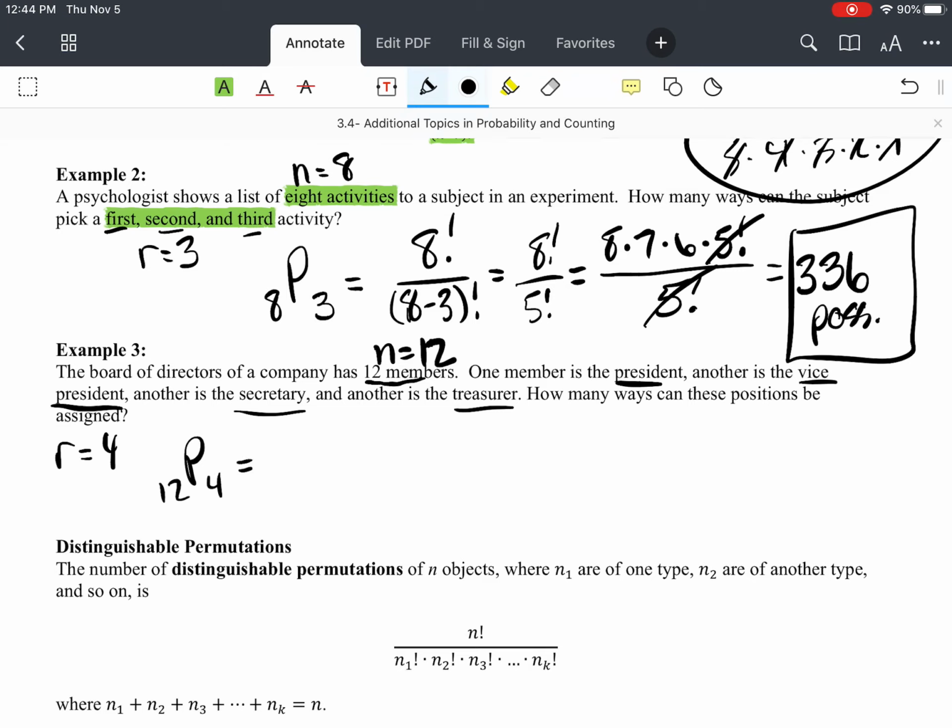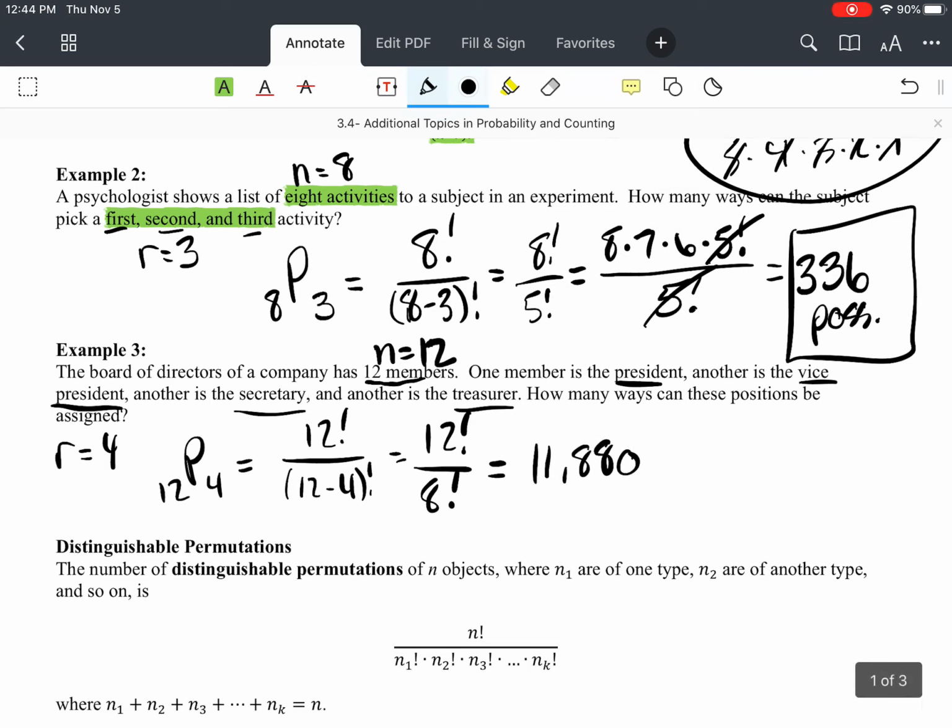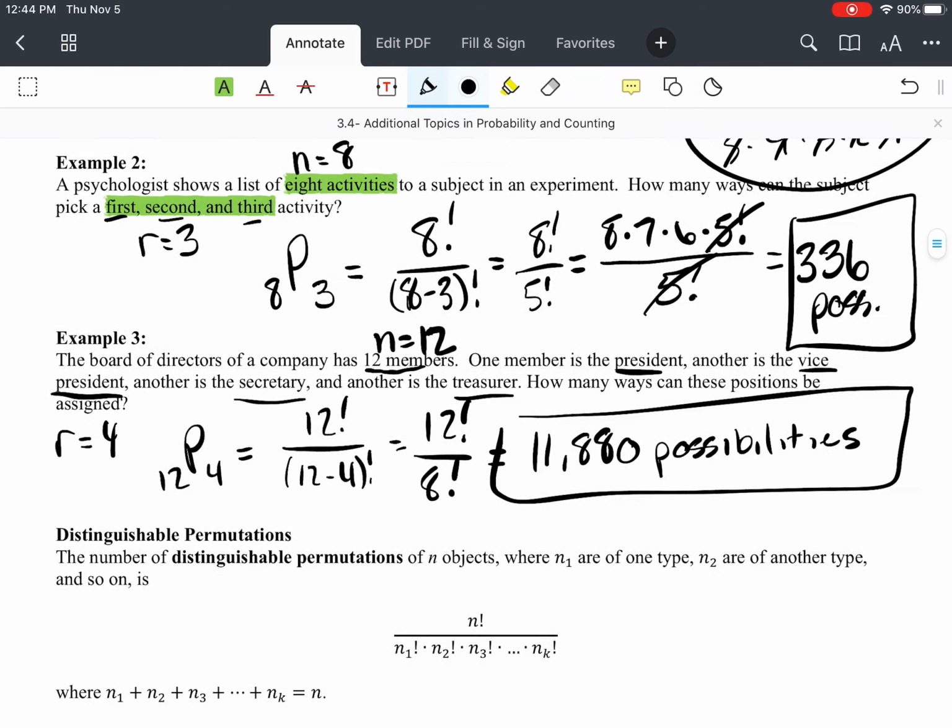Setting this up, we have 12 P 4, which is 12 factorial over 12 minus 4 factorial, so 12 factorial over 8 factorial. I'm going to leave the calculations to you, and I'll show you how to do this on the calculator when we get back to school. Calculating this, we get 11,880 possibilities.